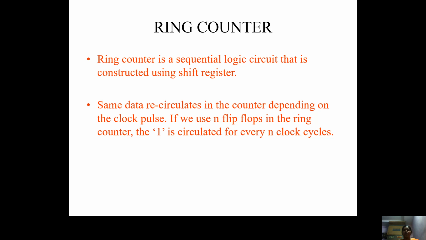So only that one value given at the first flip-flop is circulated, and based on how many clock pulses we give, that many values can be counted. Let us see the block diagram.